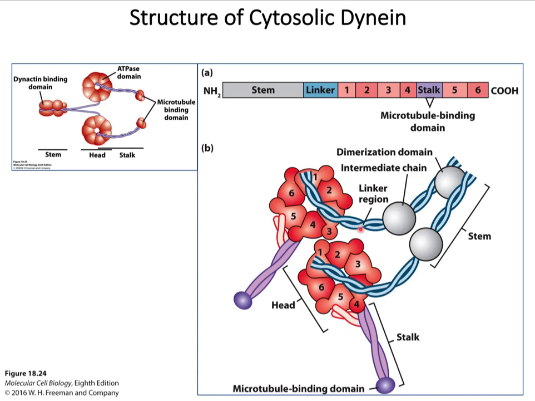The six AAA repeats form a circular structure with a coiled-coil stalk domain that contains the microtubule binding domain at one end. The dimerization domain and the intermediate chains associate with the stem region that can link the dynein cargo with the dynactin protein complex that we are going to see.